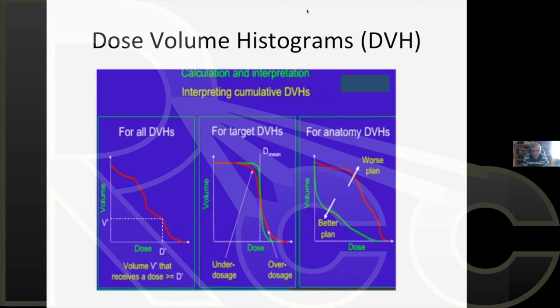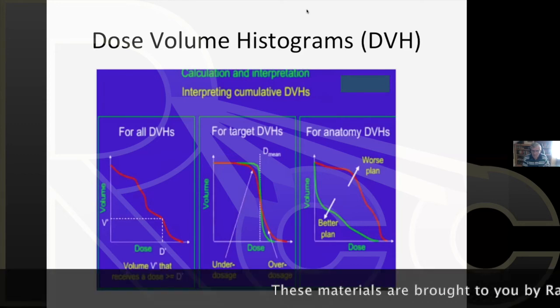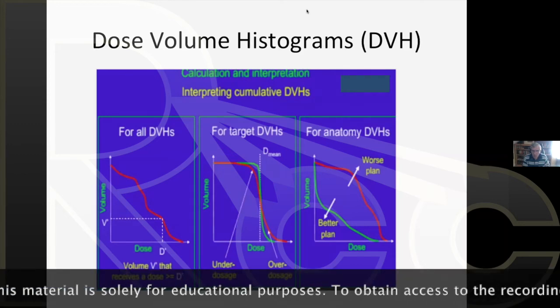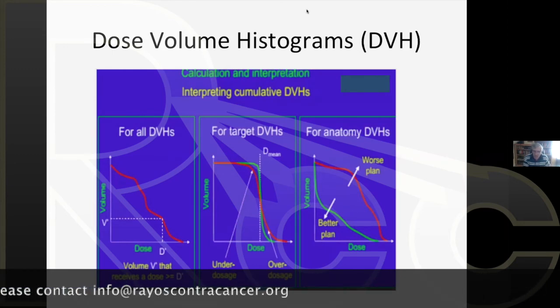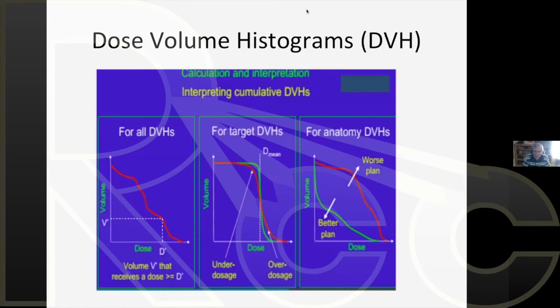If the organ at risk is a serial organ, meaning like a spinal cord or an esophagus, it's critical. If that DVH slope is very, very steep for an organ at risk, then minor changes can greatly affect the dose to that organ. For example, if you had a rectal DVH that looked almost like an objective DVH with a very steep slope, well, very small changes in dose could greatly affect the dose to the rectum. So you don't want to be in that situation with an organ at risk.